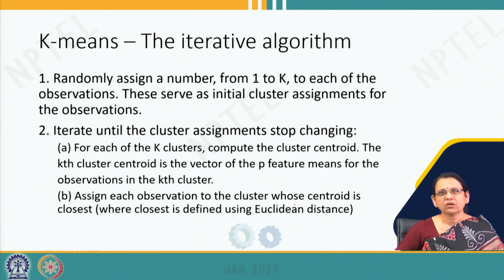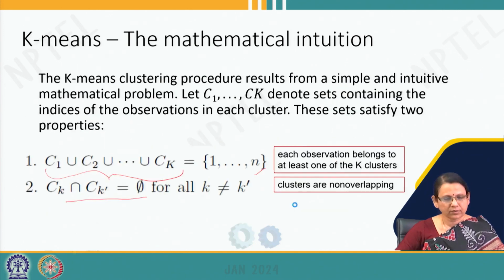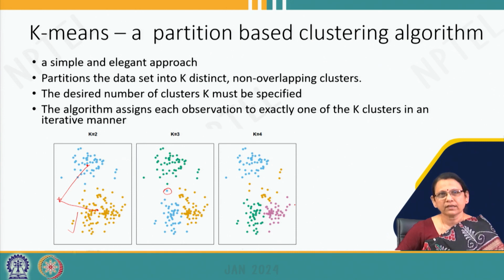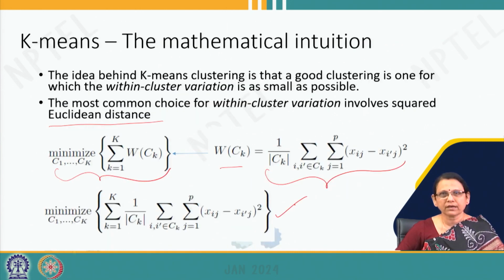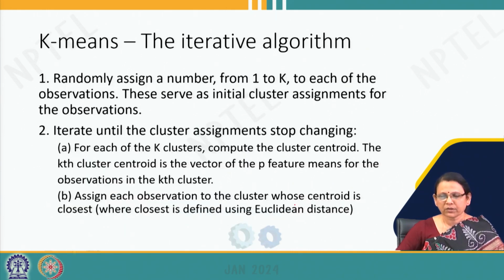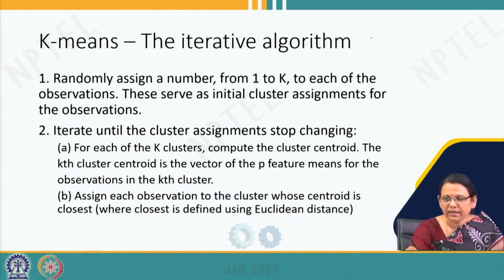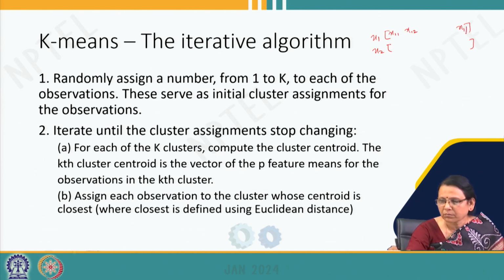The example that we saw, we represent the data points in 2 dimensions, but this need not be the case, because we are considering Euclidean distance, we can consider the distance between 2 points even if their dimensions are more. So, let us say x 1 is one point, x 2 is the second point, and both of them will have p dimensions. So, x 1 1, x 1 2, x 1 p, x 2 1, x 2 2, x 2 p.